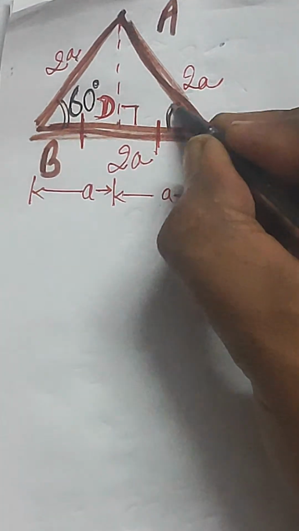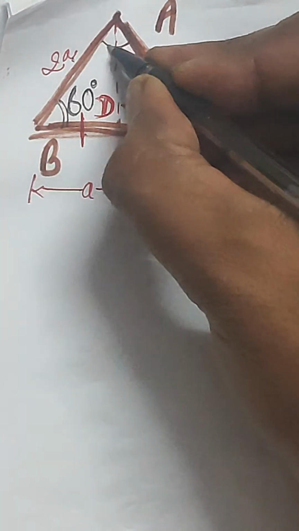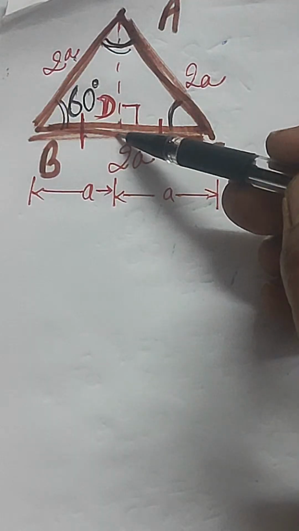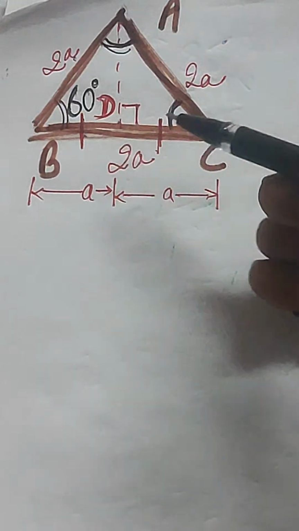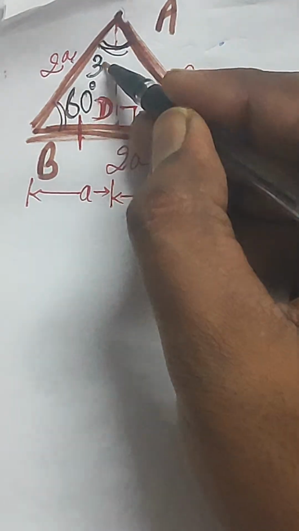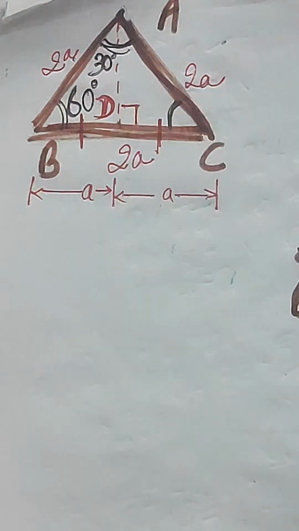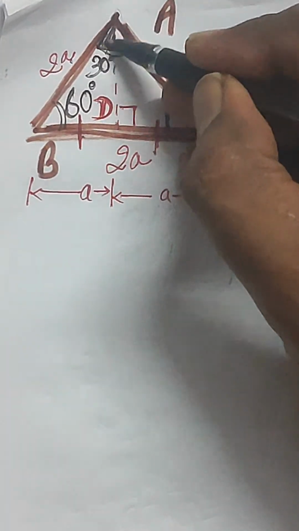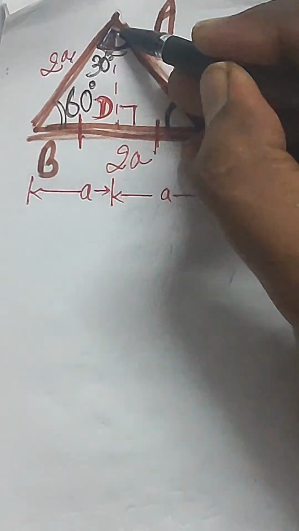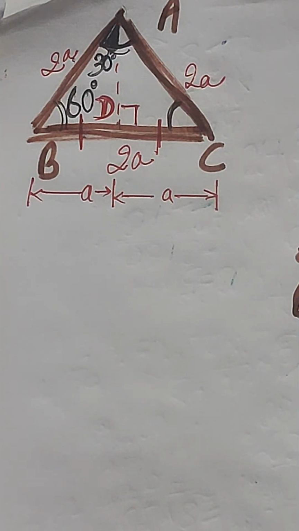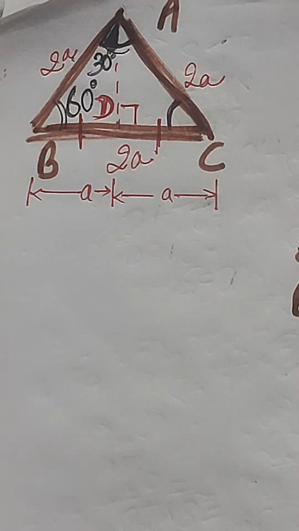So this will also be 60 and this will also be 60. But since AD is the perpendicular bisector, it will also divide the angle A, and this angle will be 30 degree. Angle A will be divided into two equal parts, and half of it is 30 degree.